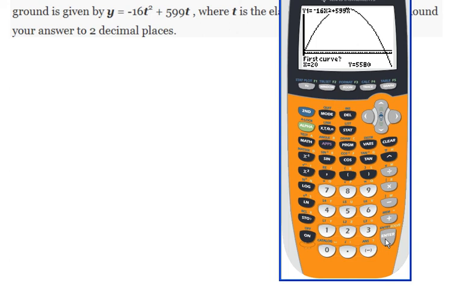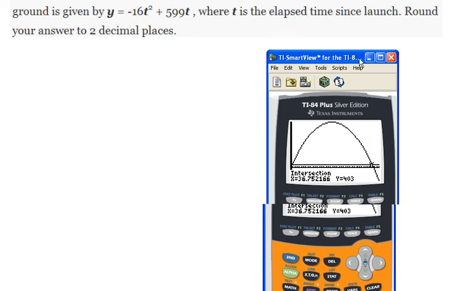So I'm going to put the cursor close to that intersection. And it tells me that happens at x, or t for us, equals 36.752. And I think we just want to enter this to two places. So 36.75. Okay. Make sense?